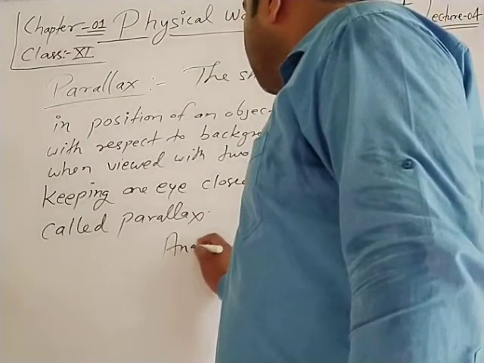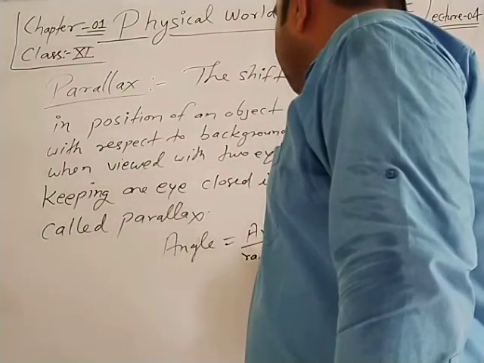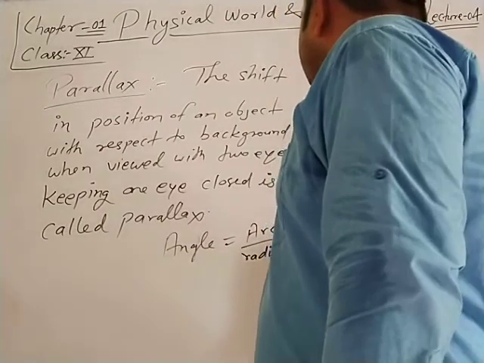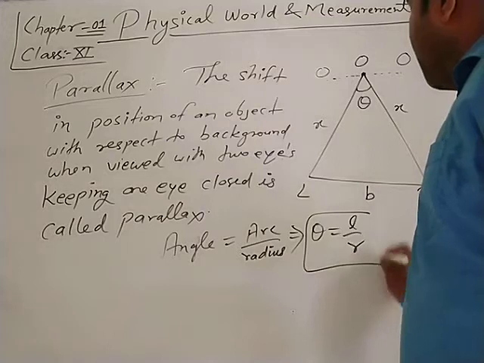Angle is equal to arc upon radius. Theta is equal to L upon r.